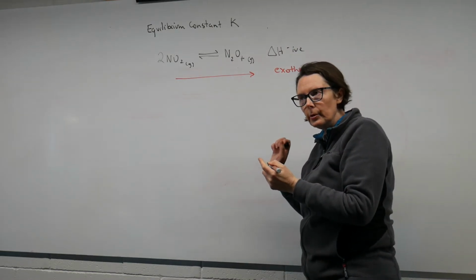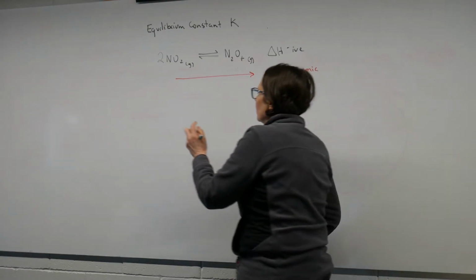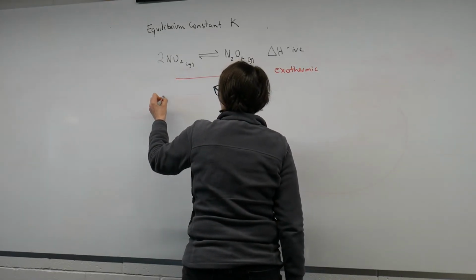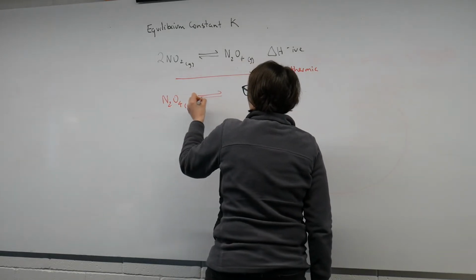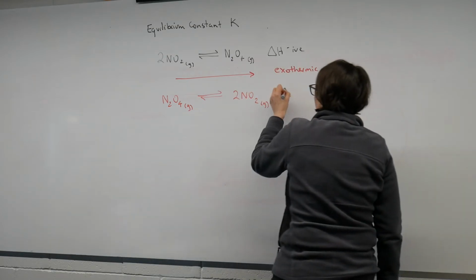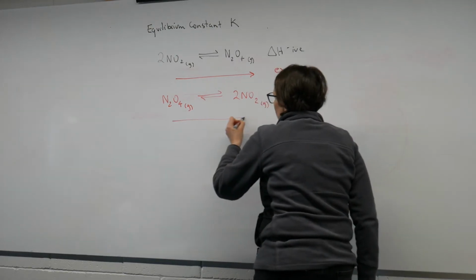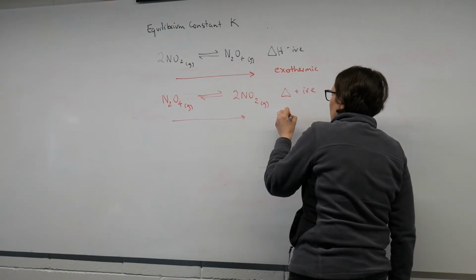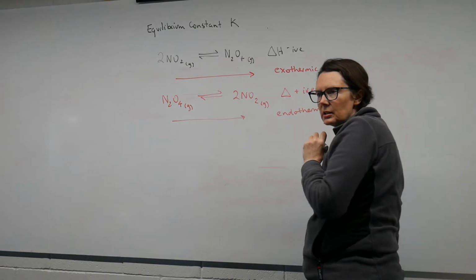Because it is an equilibrium reaction, I could easily write it round the other way, and that would be endothermic, wouldn't it? So I could say N2O4 to NO2, delta H must be positive, because this time when I read it from left to right, it's endothermic, the opposite. Does that make sense?